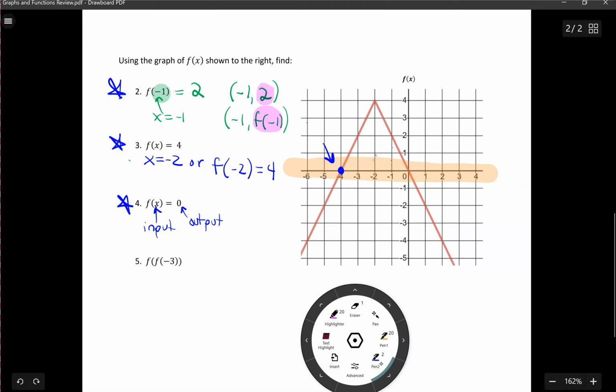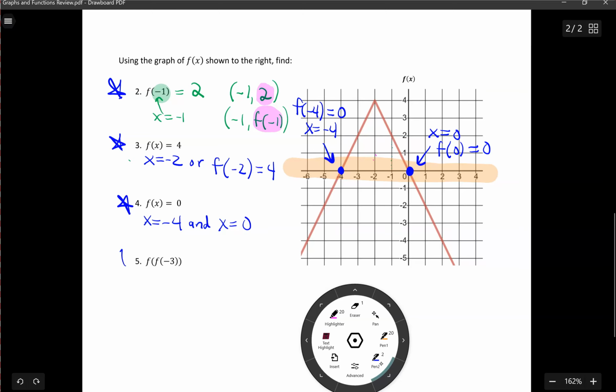I have an x-intercept here when x is equal to -4. So if I put -4 into my function, I get a height of 0. And I have another x-intercept right here when x is 0. So if I input a 0 into my function, I get a height of 0. So there's going to be 2 x values where that happens: at -4 and at x equals 0.